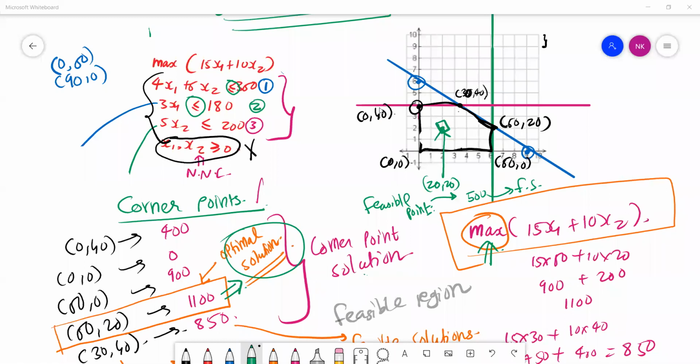Prerna has also asked what if the feasible region is not bounded. After answering the question asked by Karan, I will switch to an example for that, because I guess three people have asked the same question.